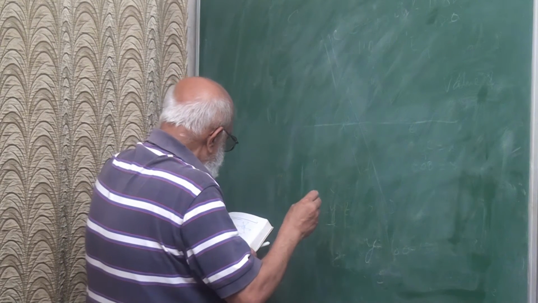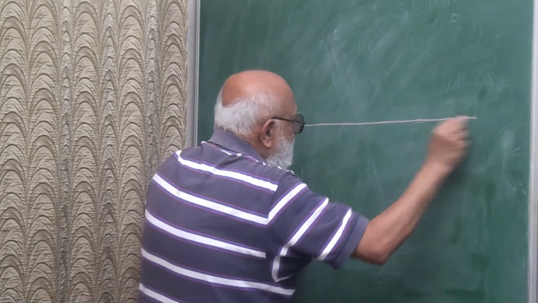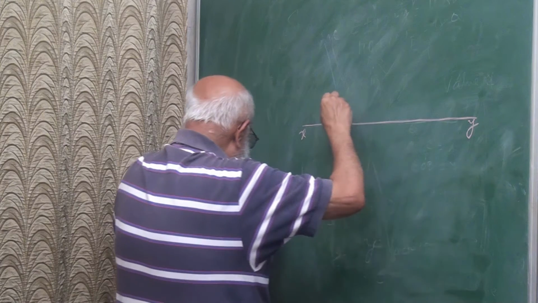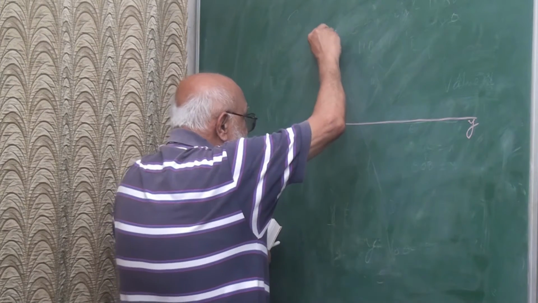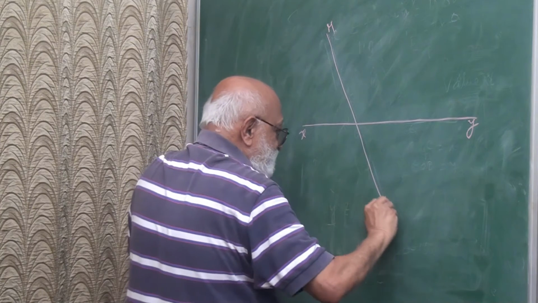This says line XY and line MN, they intersect. They have to intersect, otherwise there is no problem.